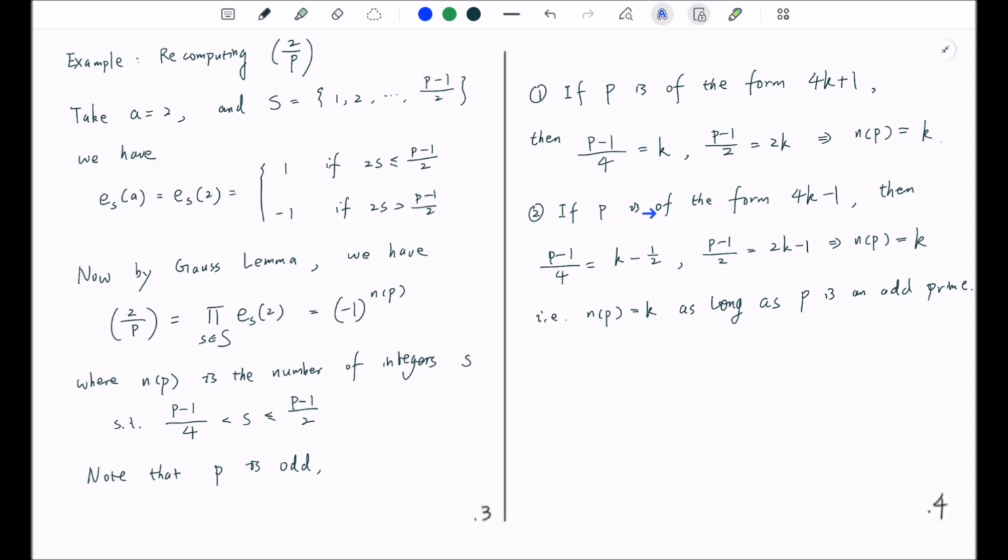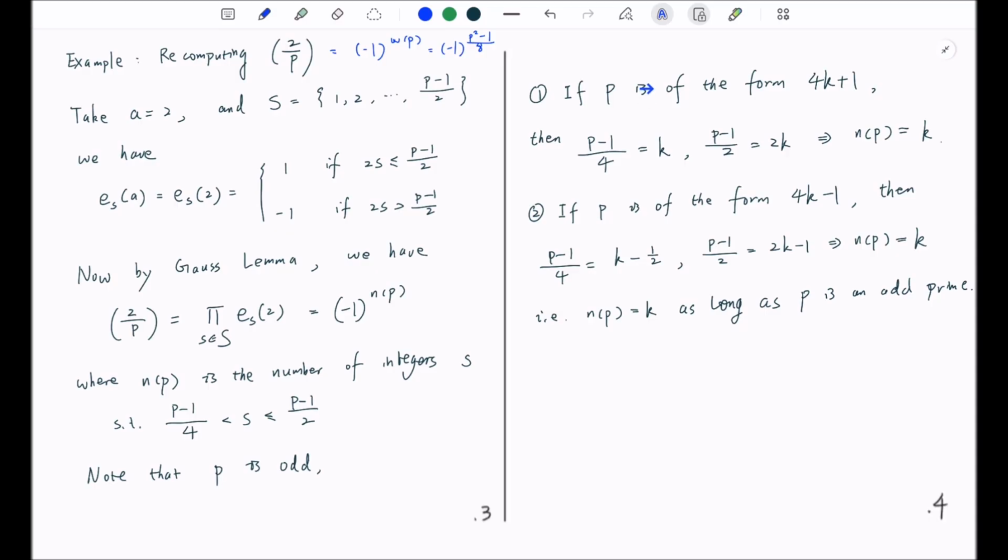And now let us rewrite these two cases in a different way. Let's look at what happens when you mod p by 8. Now remember, by theorem 5 on page 7, we compute this as (-1) raised to the power ω(p), where this ω(p) is (p²-1)/8 modulo 2.